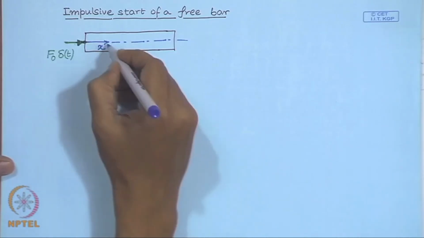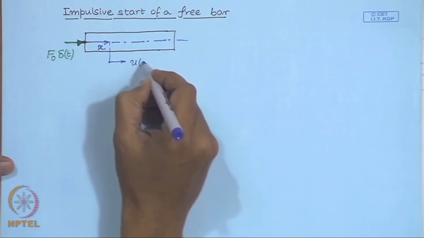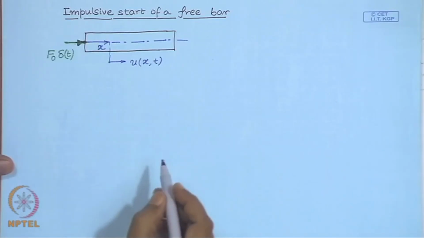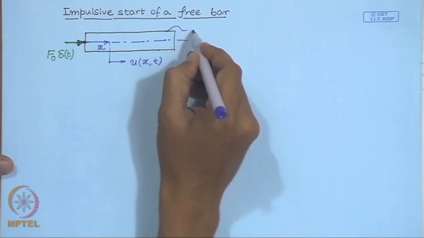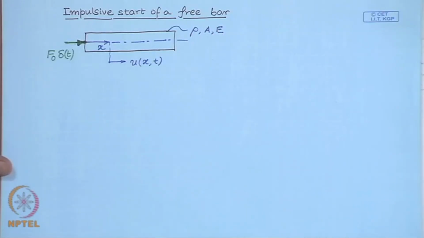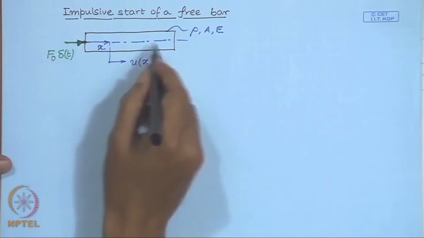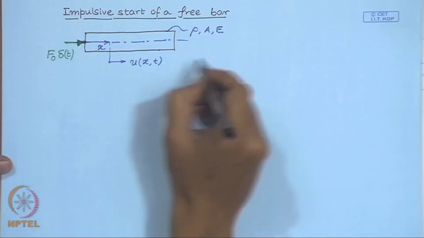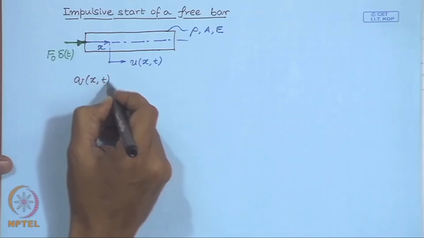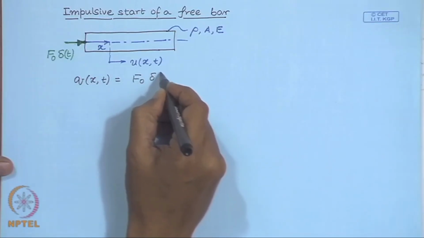We consider the axial displacement field of the bar to be represented by u(x,t), and the properties rho, A and E. So, the force distribution, as we have been writing, is F naught delta(t).